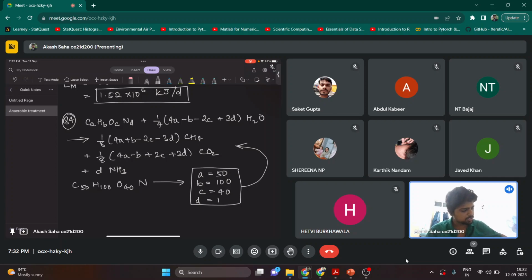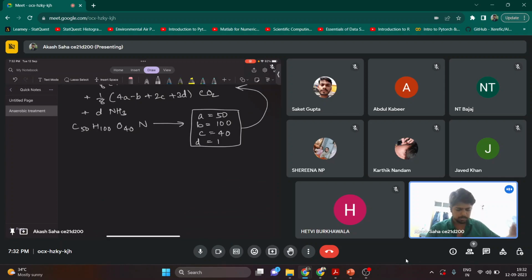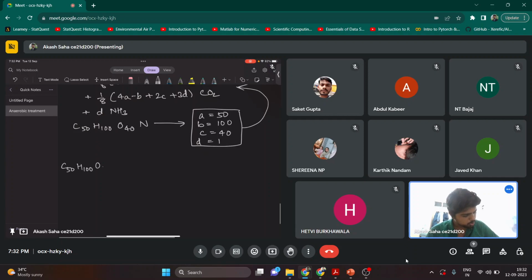If we substitute these values, ultimately we will get C50H100O40N plus 5.75 H2O will give us 27.125 CH4 plus 22.875 CO2 plus NH3. So you can check the calculations later. I've just given you the balanced equation from the values of a, b, c, d.